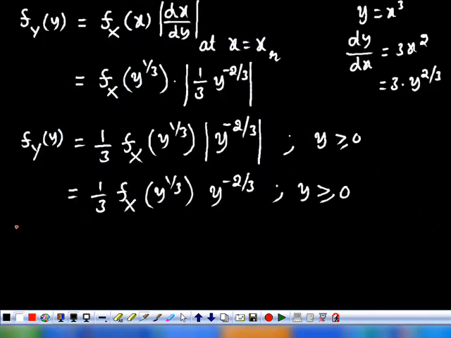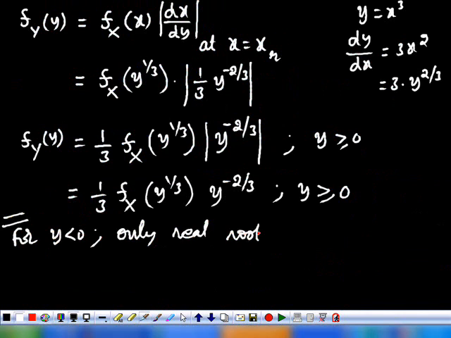So therefore, for y less than 0, the only real root of y minus x cube equivalent to 0 is how much? I am calling it again xr, but the case is different here.